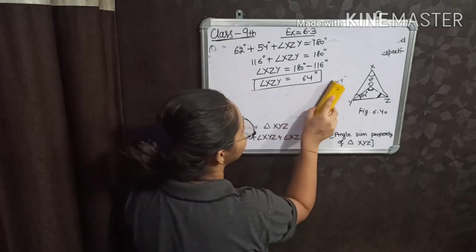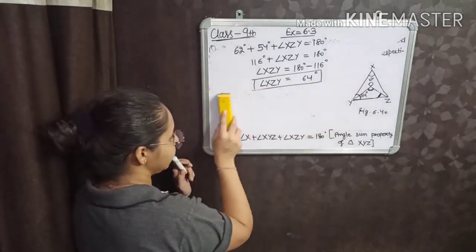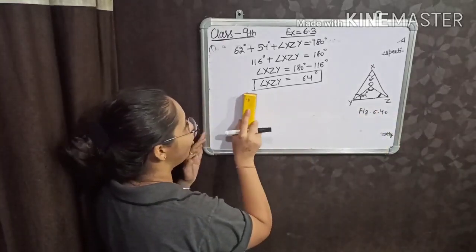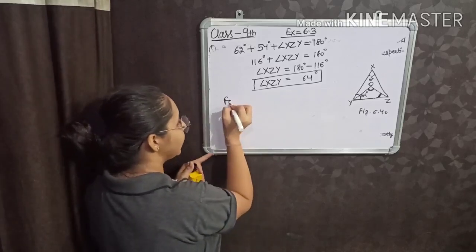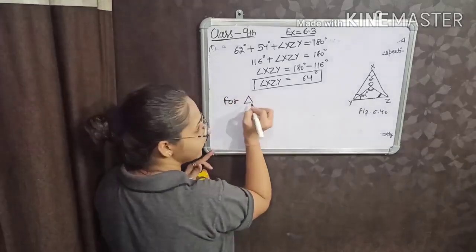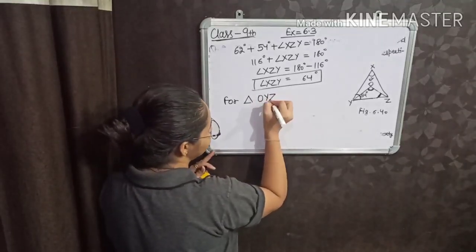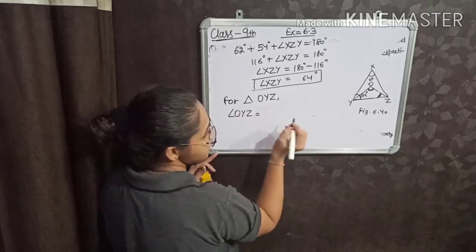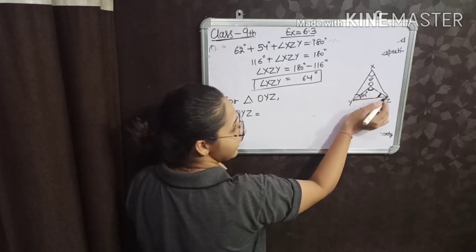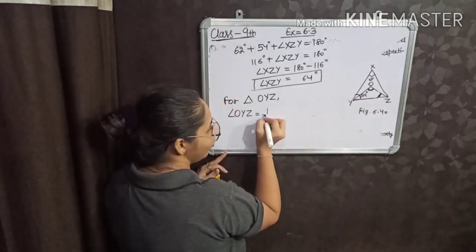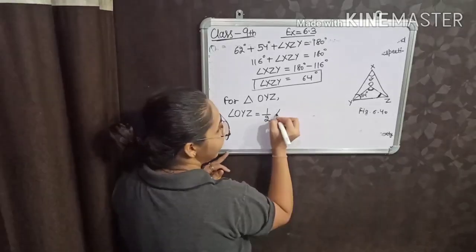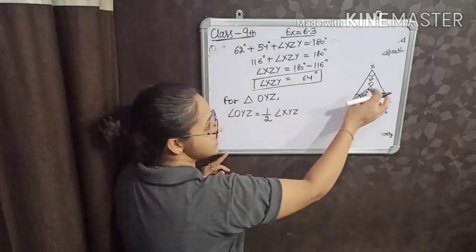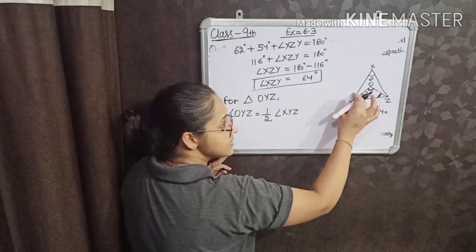So I can write for triangle OYZ. Now I am taking small triangle for triangle OYZ. Angle OYZ. First, I will find this angle. Angle OYZ, the small angle is equal to 1 by 2 of angle XYZ. Okay. Why? Because this OY will bisect this complete angle.